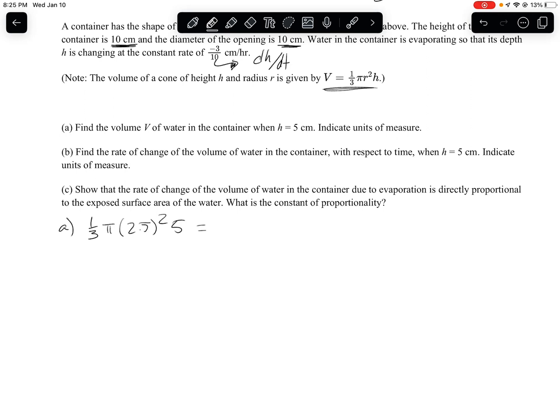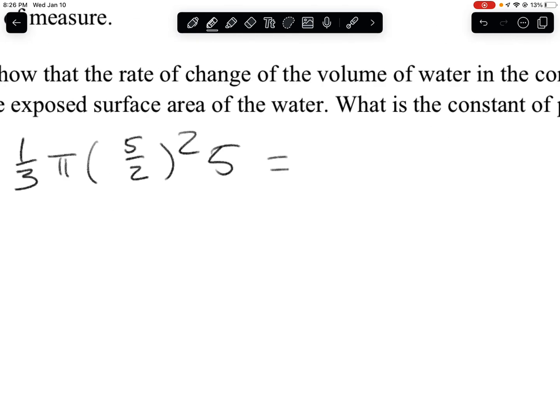So I have no idea what 2.5 squared is. 2.5 times 2.5, hold on, let's do this better. Let's do this the smart way. Let's write it as 5/2. Now it's easy to handle.